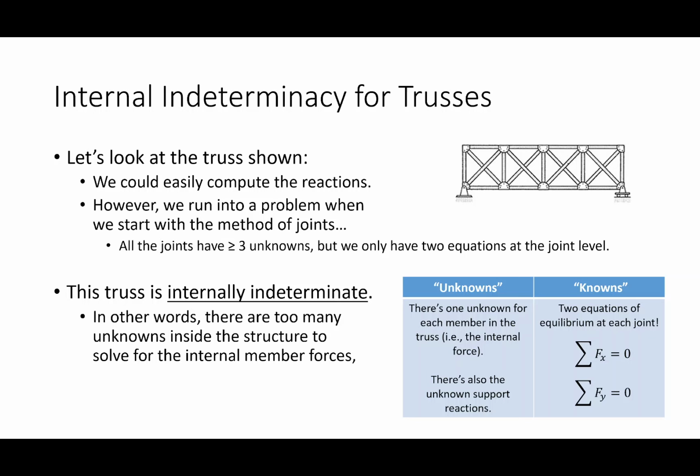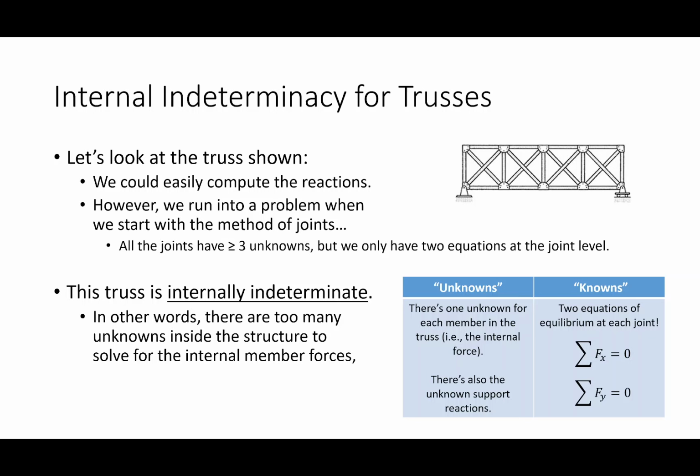Now, what about unknowns, okay? When you perform a truss analysis, what are you trying to determine? Like if I give you a truss and I say, analyze this truss using the method of joints, what am I asking for? Like if I gave you this truss and I say solve this truss, what am I asking for member AH? What am I asking for member AB?